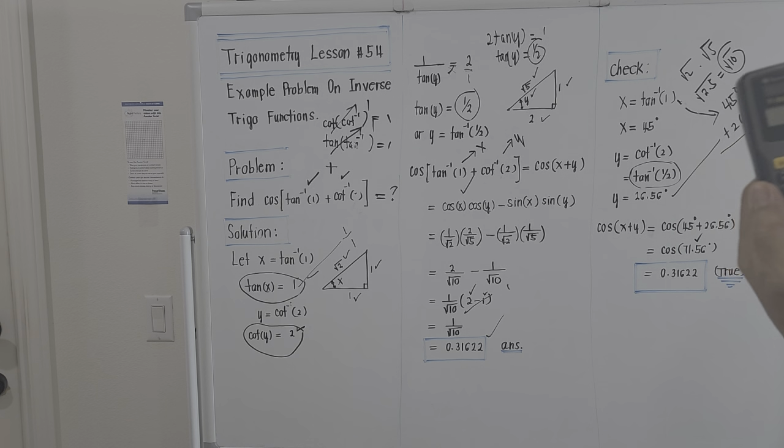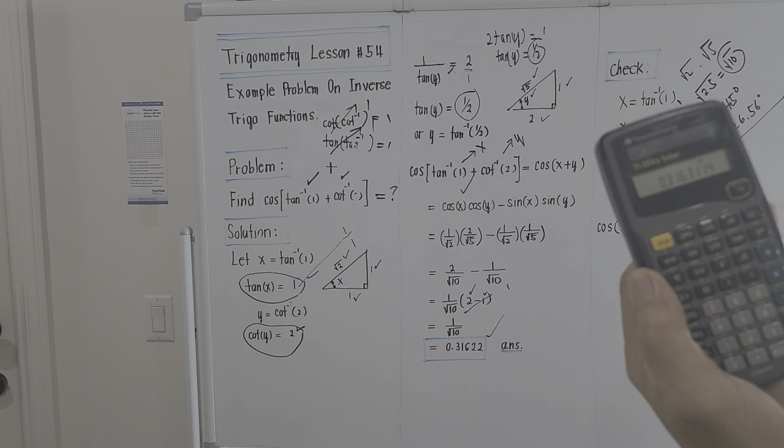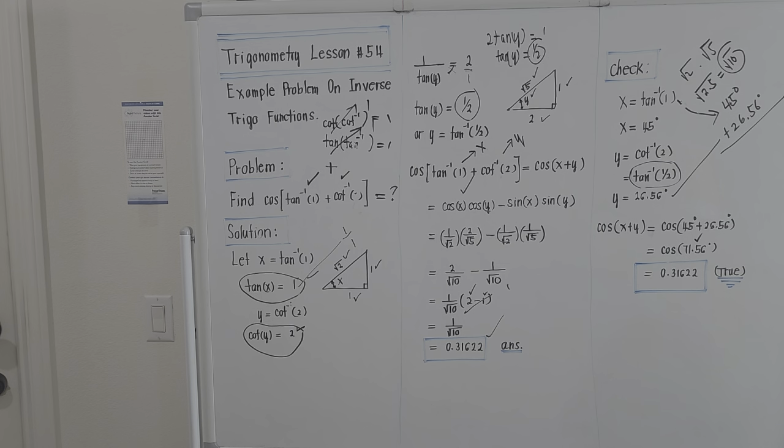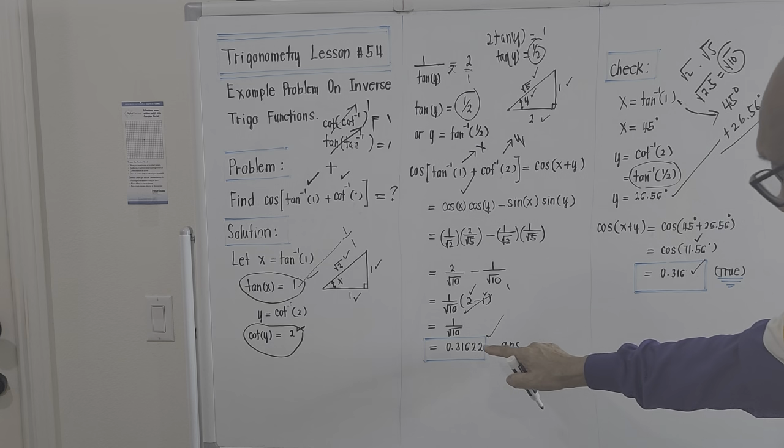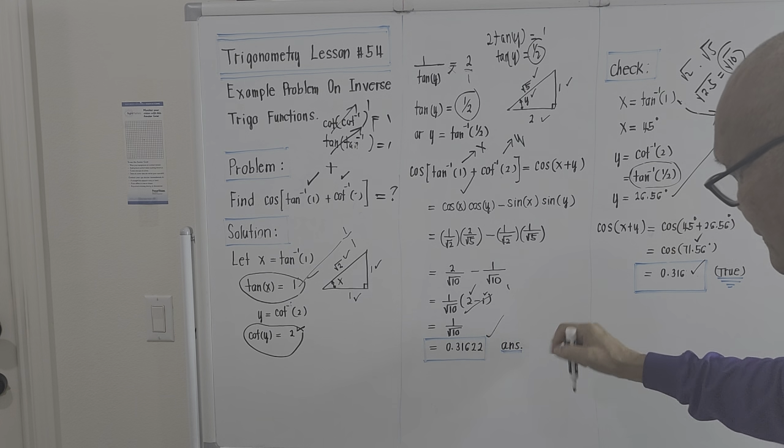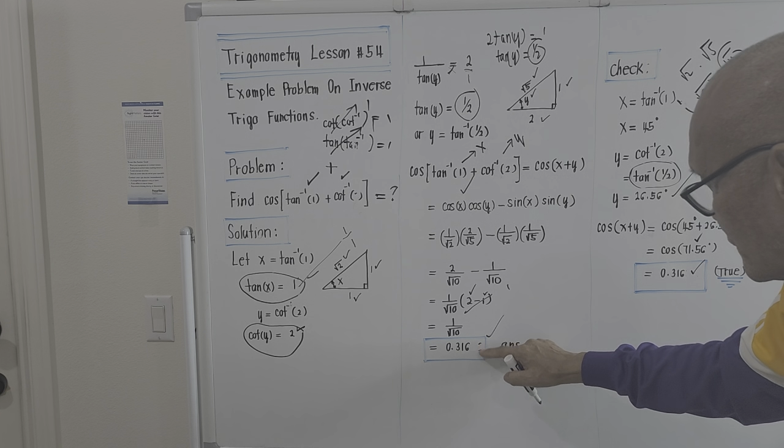It is 0.316 up to the third digit, same as the answer. So the answer here is 0.316. If we remove the two significant numbers on the right, it is 0.316.